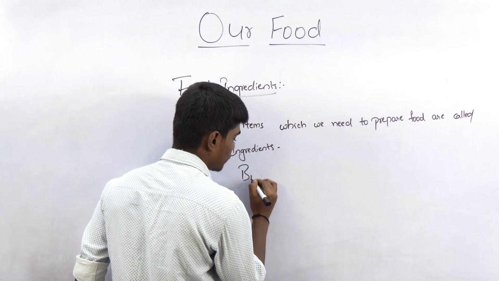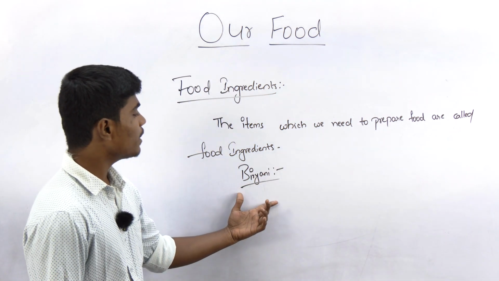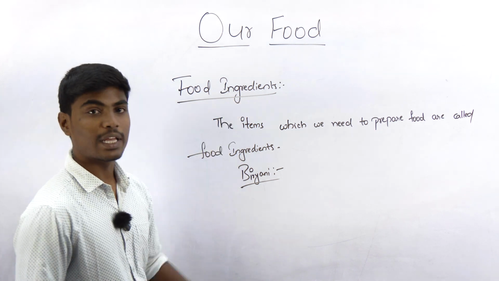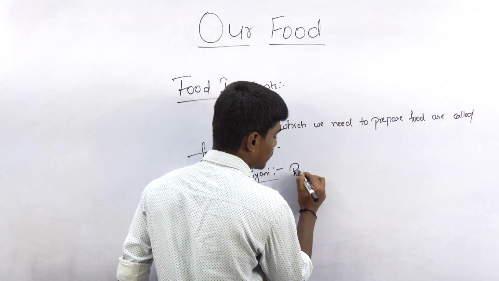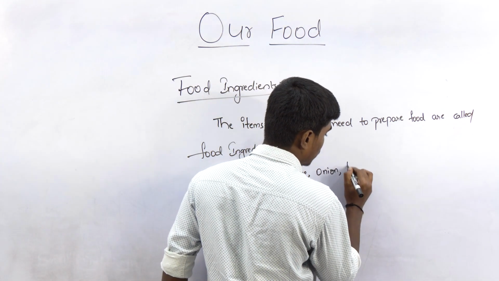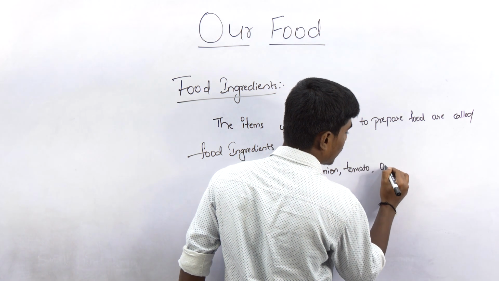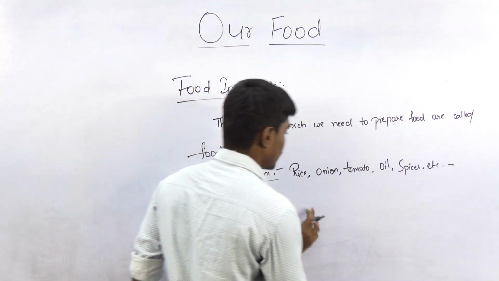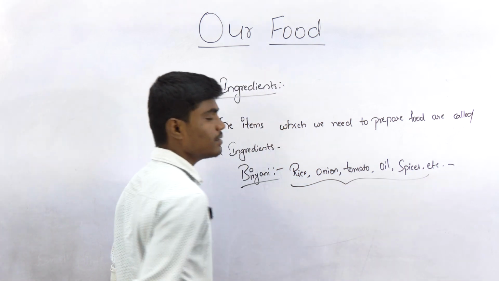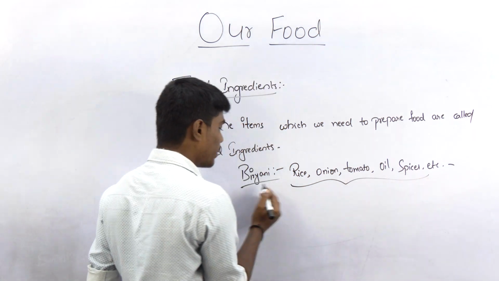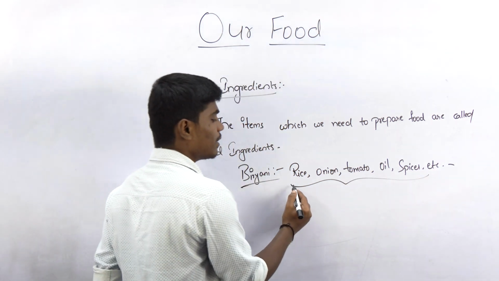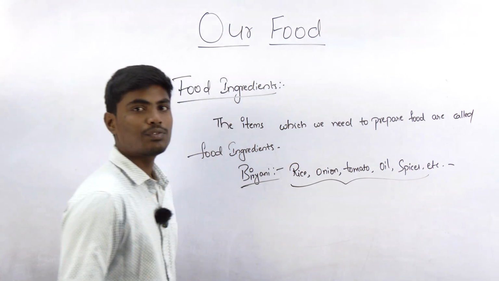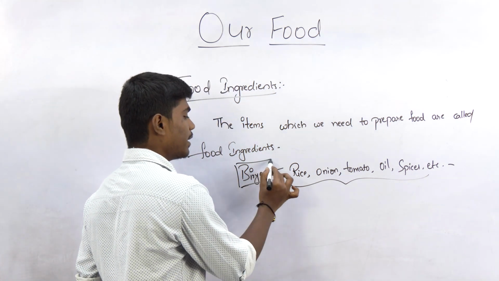Let's take biryani. For biryani, we need different types of food ingredients like rice, onion, tomato, oil, spices, etc. These are the materials we need to make biryani, so these are the food ingredients which we use to prepare biryani.